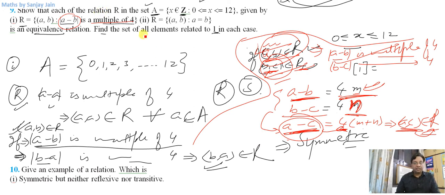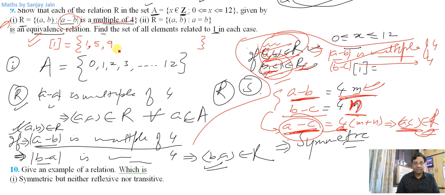Now it is reflexive, it is symmetric, it is transitive, so it is an equivalence relation. This was the first part. Now I need to find the equivalence class of the element 1. Which elements will be there in its class? 1 will obviously be there, because 1 minus 1 is 0, which is a multiple of 4. 5 will be there because 1 minus 5 is minus 4, which is a multiple of 4.